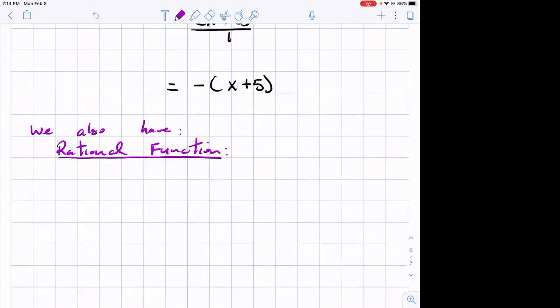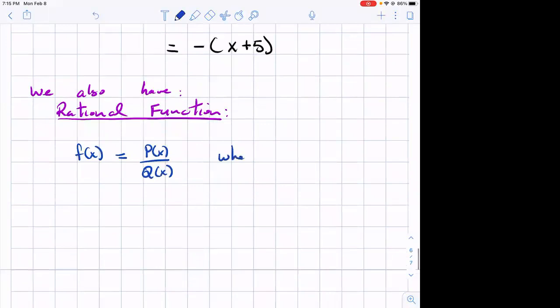So functions are generally written as f of x, g of x, meaning function of x. F of x means f is a function of x, and that is equal to p of x over q of x, where p of x and q of x are polynomials.